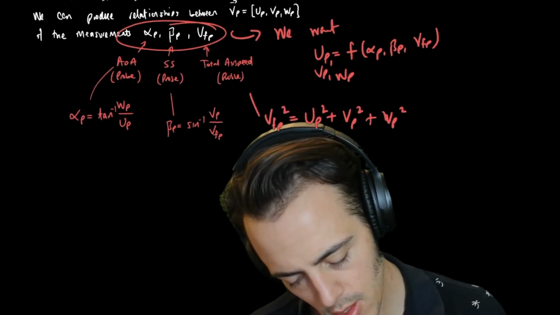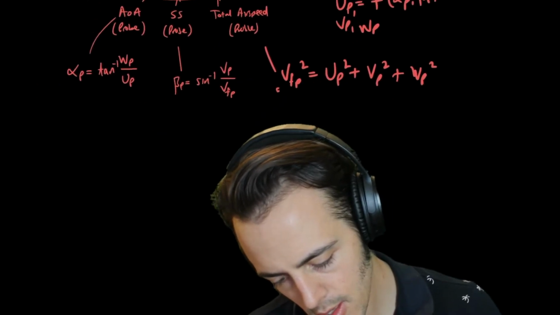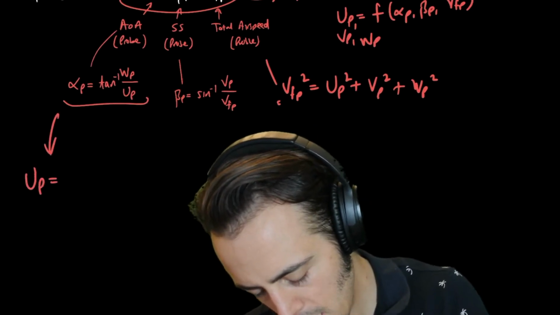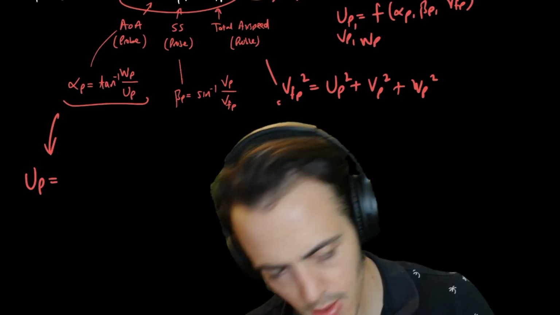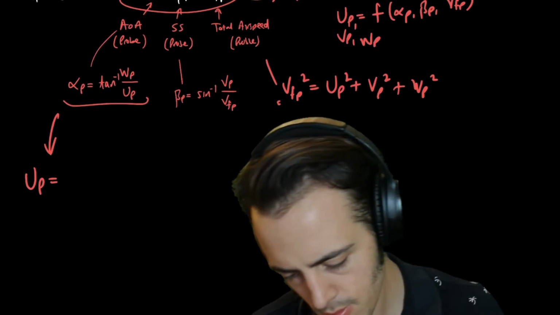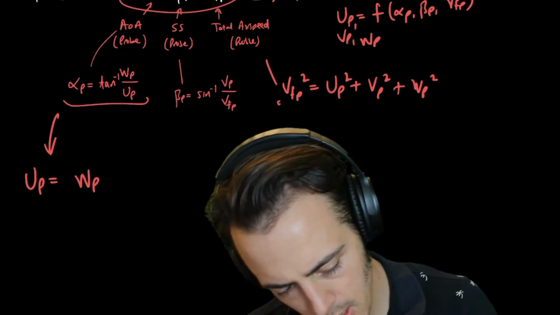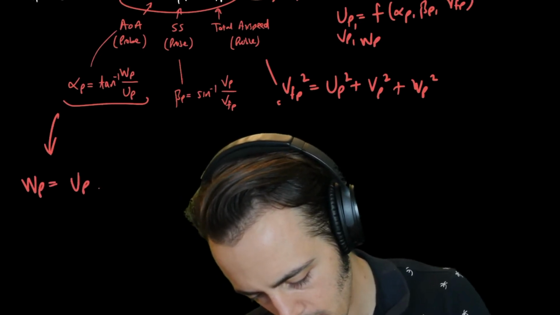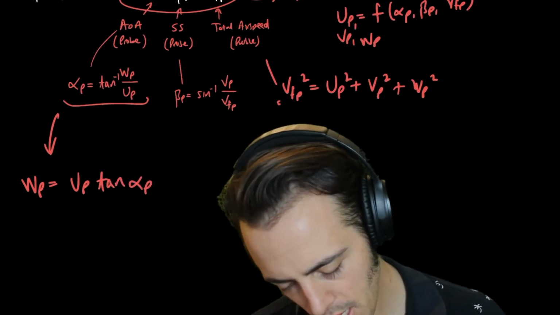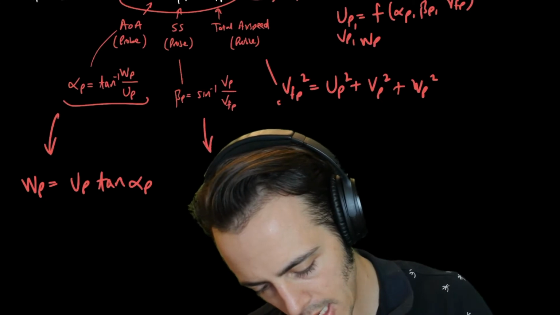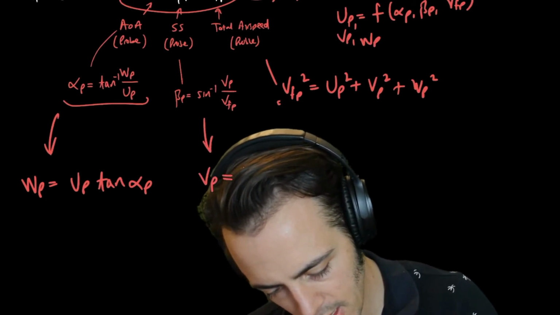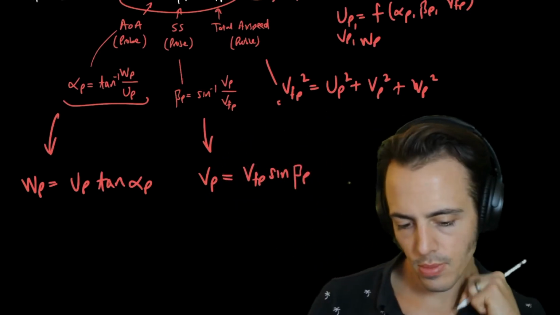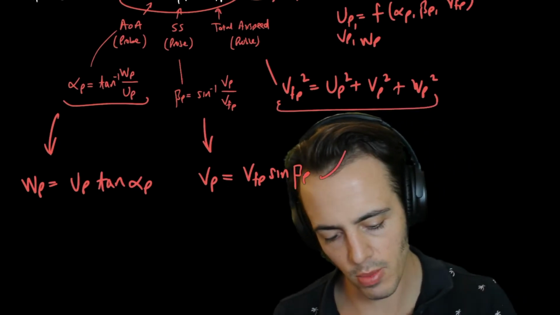Okay, so let's say here that WP could be rewritten as UP tan alpha P. And we can say here similarly that VP could be written as VFP sine beta P. We're then going to use these in this expression, so we'll substitute these into here.